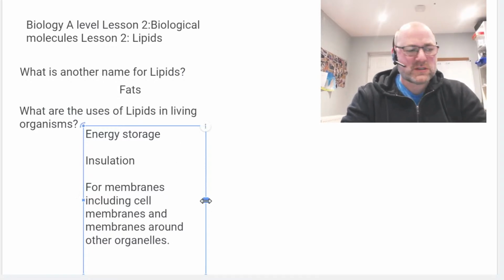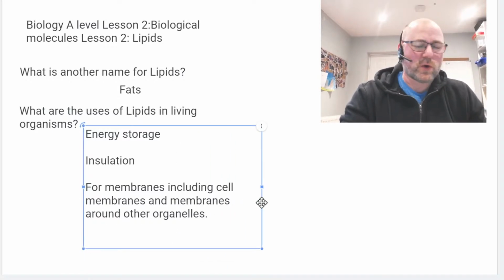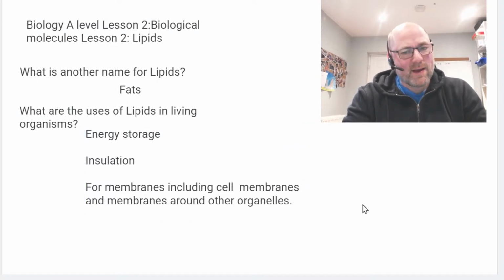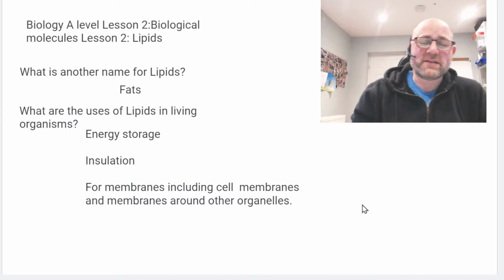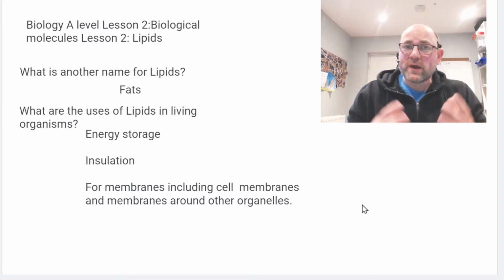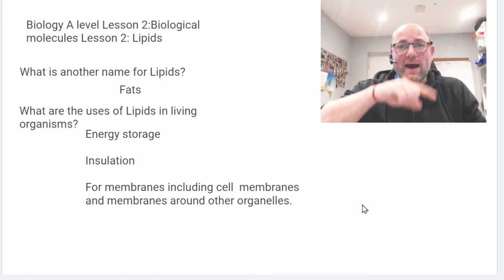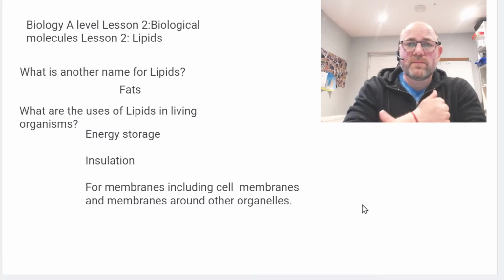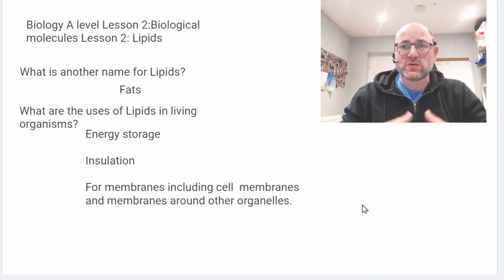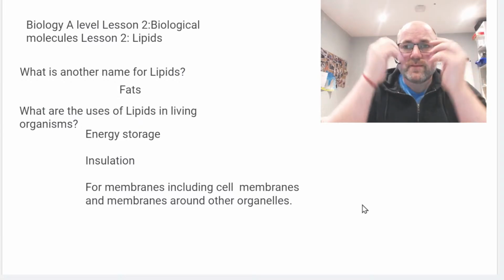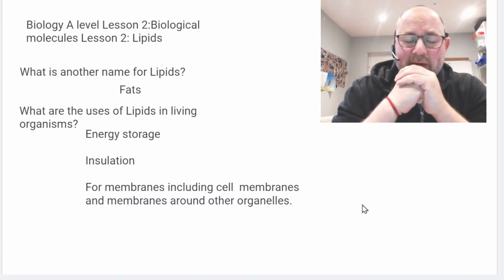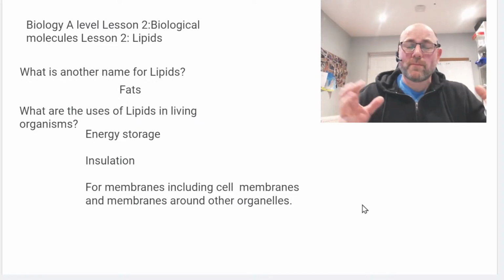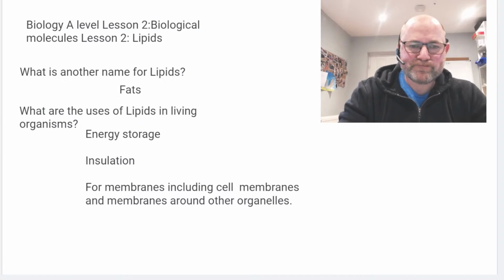And as you know from GCSE, the cell membrane controls what goes in and out of the cell. But at A level, we learn that there are membranes around many things. So all the organelles within the cell have their own little membrane. So whether you're looking at mitochondria, chloroplasts, or the nucleus, they have a membrane around the outside. So it's not just cell membranes, but all membranes contain lipids.